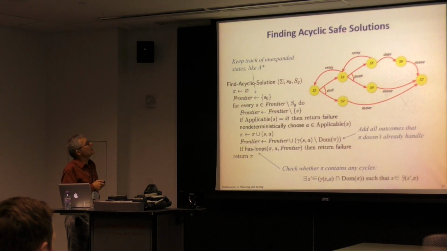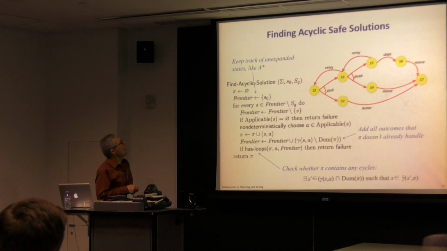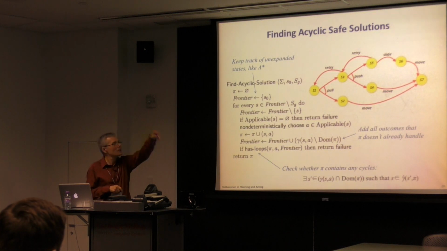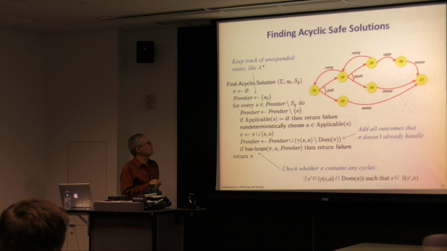Okay, next, finding an acyclic safe solution. We can do this by keeping track of all of the unexpanded states the way A star does. Anybody not know A star? Okay. So you have your frontier, you choose a state out of the frontier, you remove it from the frontier, you look for an applicable action. If there aren't any, then you have failed. Otherwise, you non-deterministically choose one of them, and you take the state action pair and add it to your policy.